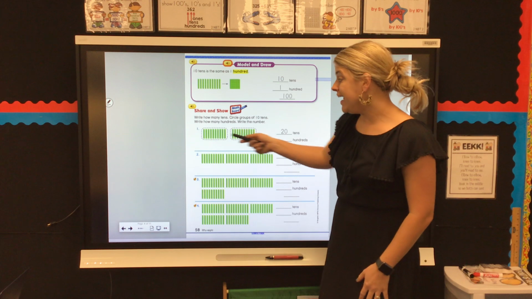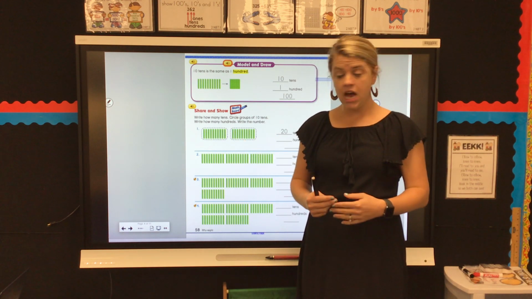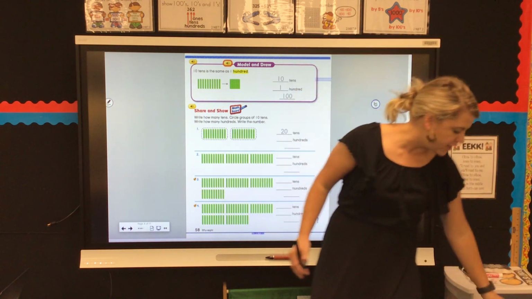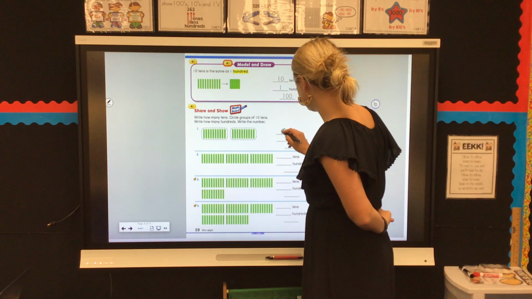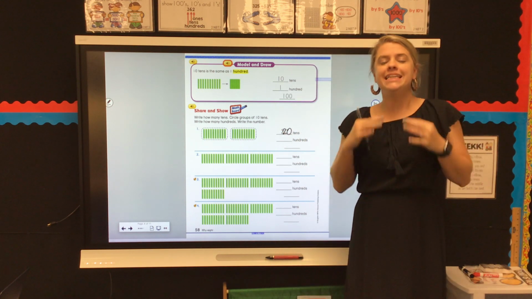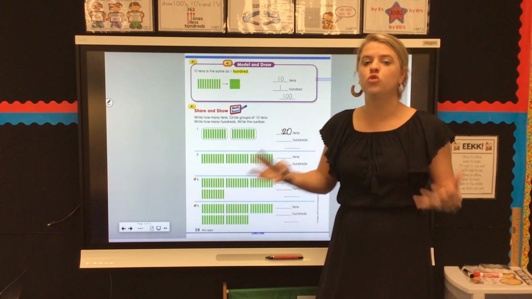Okay? So right here on number 1, we see that there are 20 of these 10 rods, right? There's 20 of those. So we're going to write that down right here. 20 10 rods.